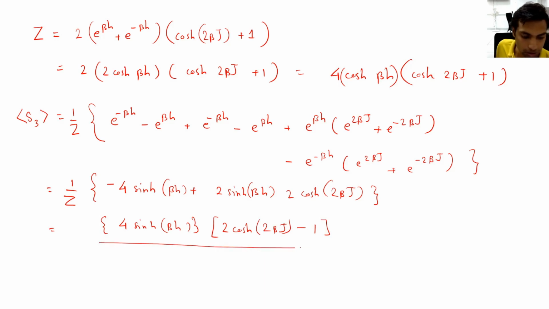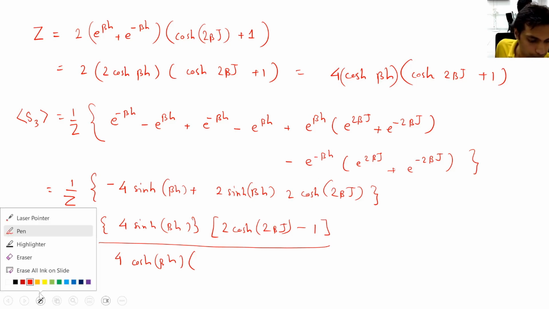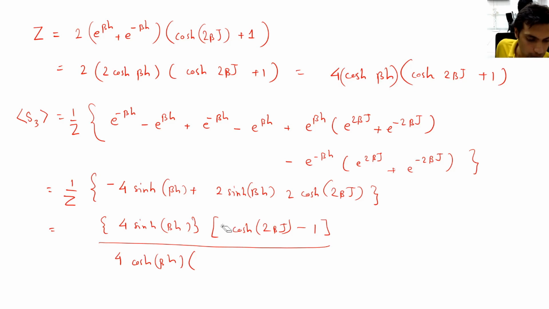Divided by the partition function. Now we can write the expression of partition function underneath. So it is 4 cos hyperbolic beta h, and what we have here is, so there would be no 2 here because we have taken the 4 common out, so these 2 will not be there.